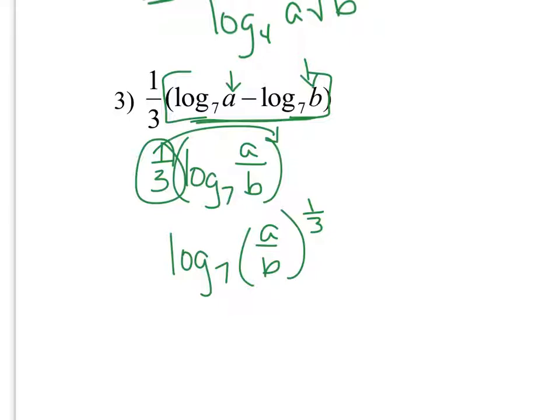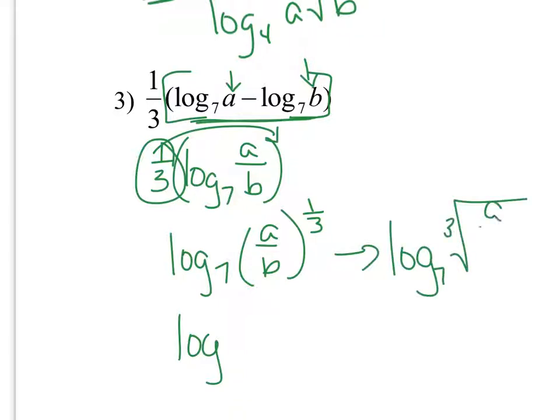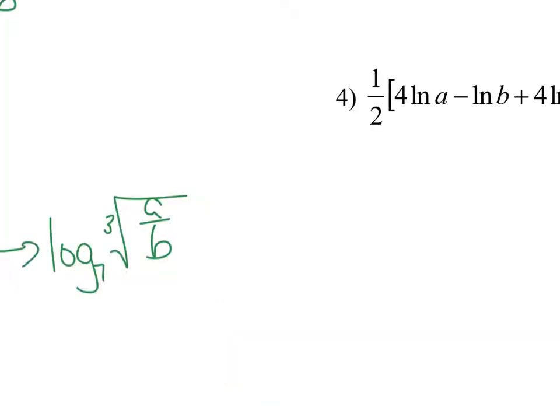You could have distributed that 1/3 through if you wanted, so the answer could also be the cube root of A over B, or the cube root of A over the cube root of B, because that 1/3 gets distributed to both of those exponents. It's up to you. These are all equivalent answers and all just as wonderful as the next.